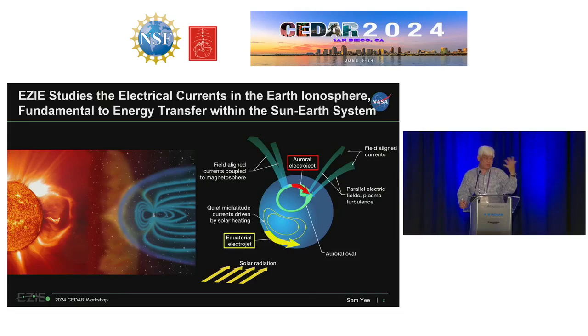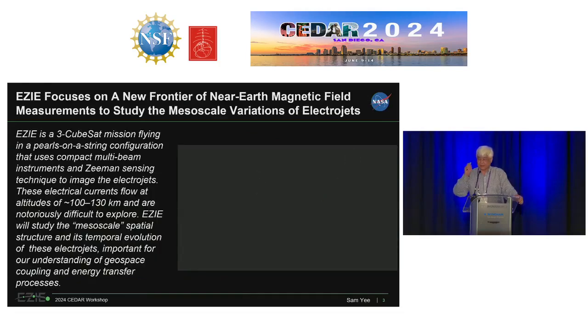Current flows at around 105 and 100 to 130 kilometers. So the further away from the current system, the coarser the spatial resolution. The key is to get measurements at mesoscale, at somewhat smaller scales, so we can really discern the physics, using current theory, and also try to resolve lots of debates on the mechanism.